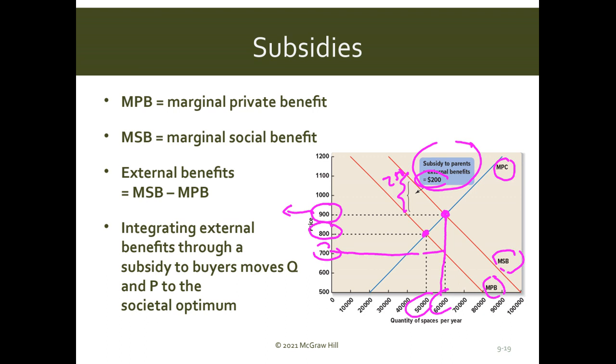So the $200 is distributed between producers and consumers equally, $100 each. So it doesn't matter whether the subsidy is given to parents or to schools. The impact will be the same. It all depends on the elasticity of demand and supply only. It doesn't matter to whom the government gives this subsidy.